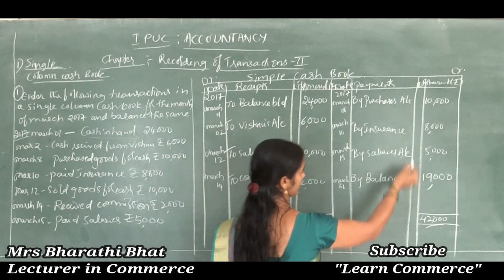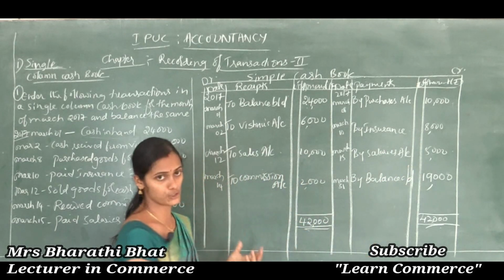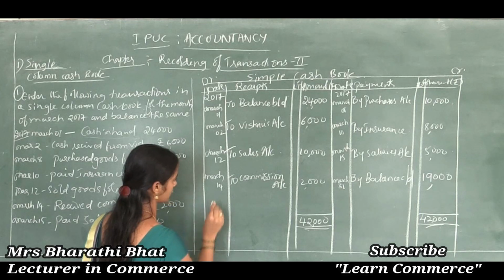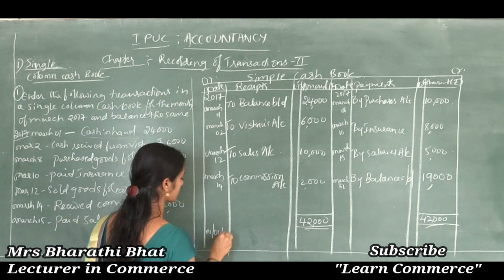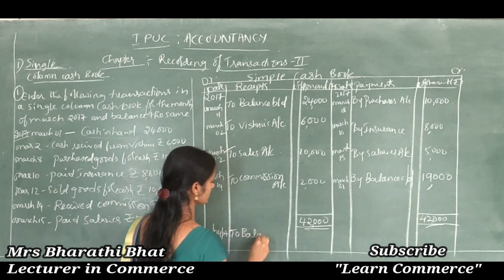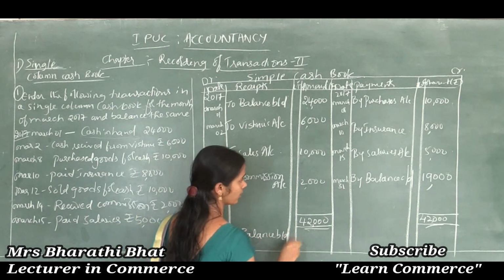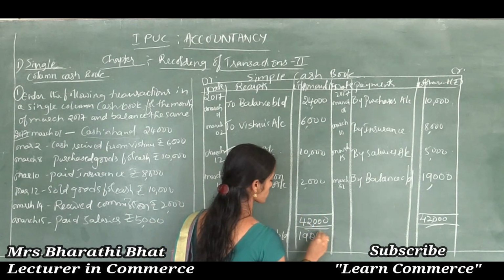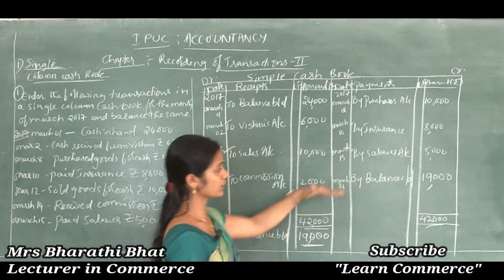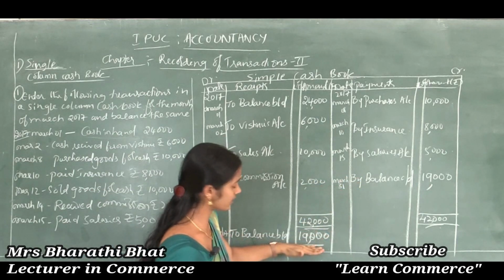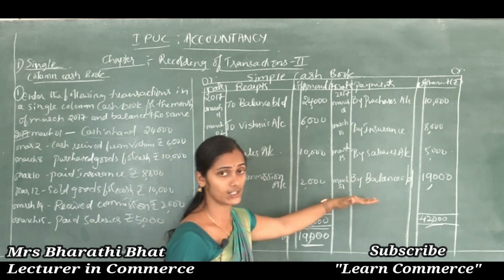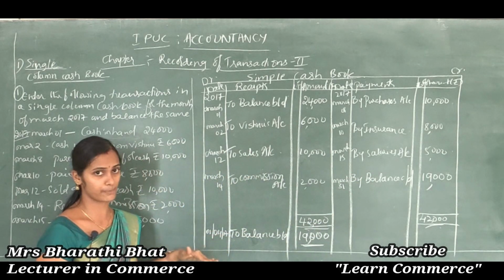Suppose carried down under the credit side, brought down on the opposite side, debit side. So on the first of next month, to balance brought down, same amount 19,000. Clear. So above the total carried down, below the total brought down, end of the month carried down, first of next month brought down.